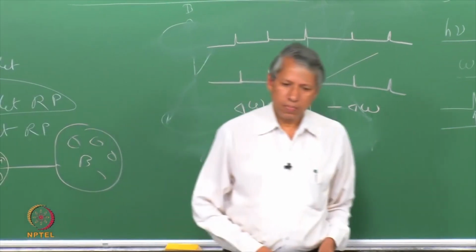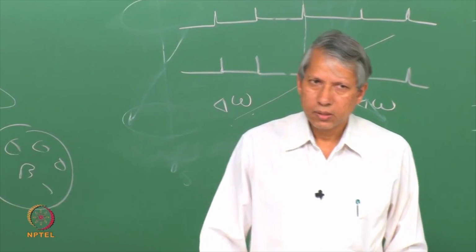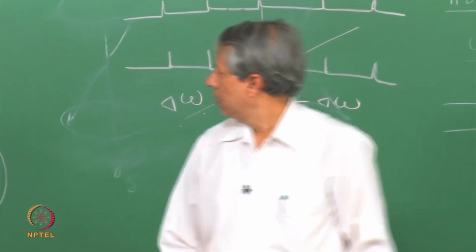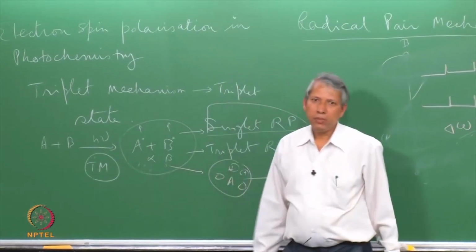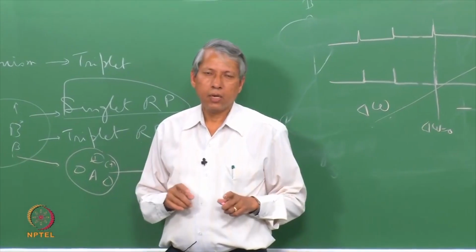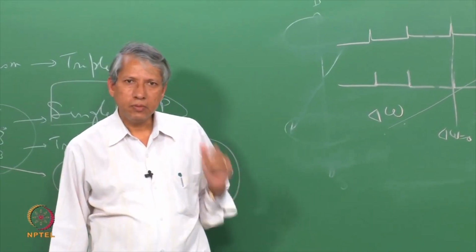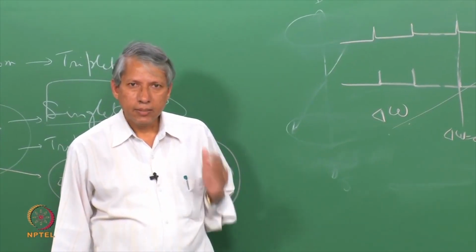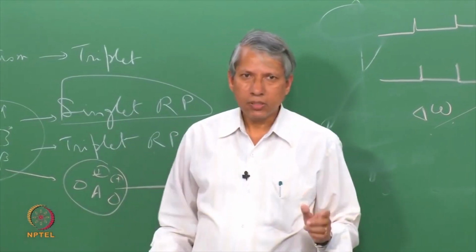Now we have really come to an end of this discussion on electron spin polarization in photochemical systems. We have seen that many interesting things can happen, and a pure observation of such a polarized EPR spectrum gives us a wealth of information about the detailed reaction dynamics of the system, not just the chemical reaction.